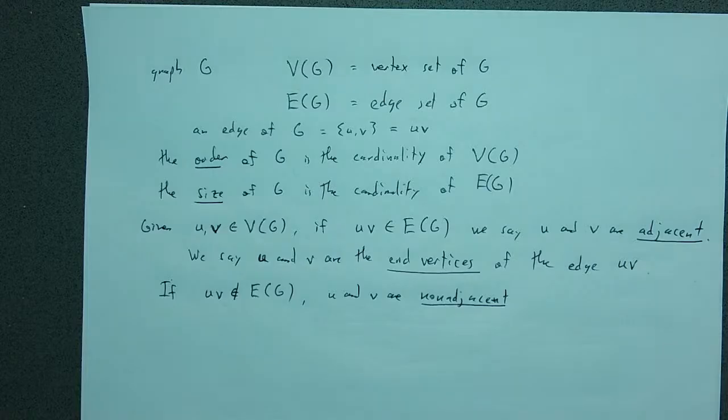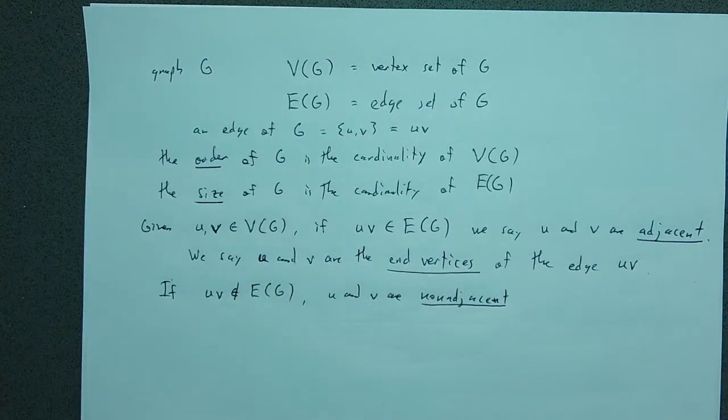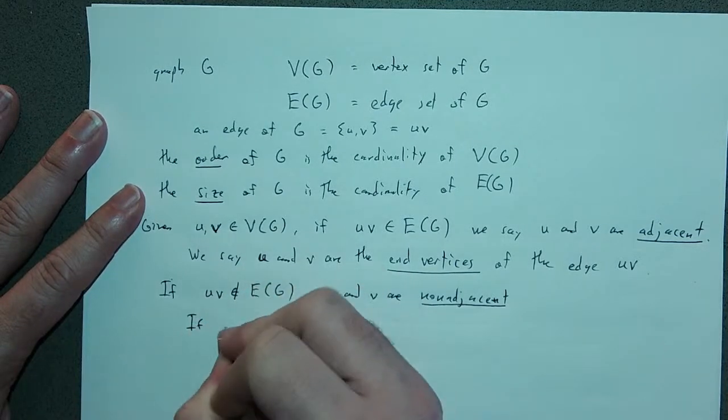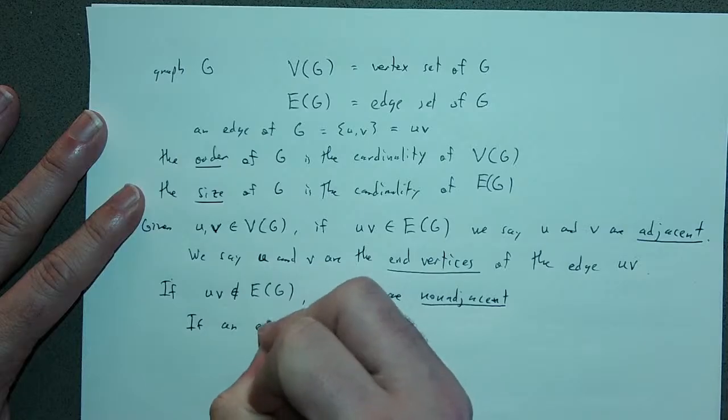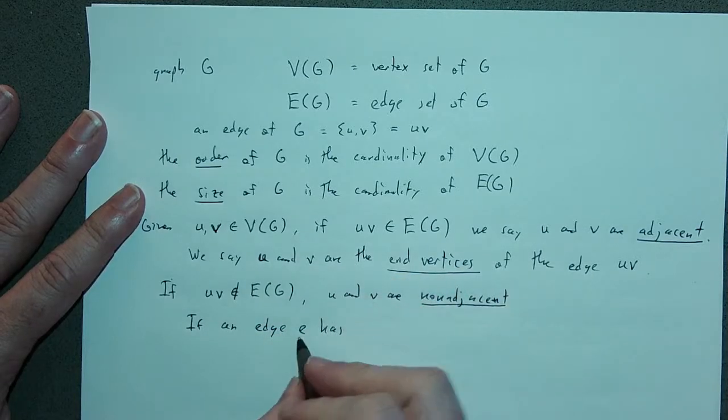All right. Just another way of describing adjacency and the relationships here that's going to allow us to define neighborhood here in a second. I'm going to say if an edge E, so I've just labeled the edge with a single letter.